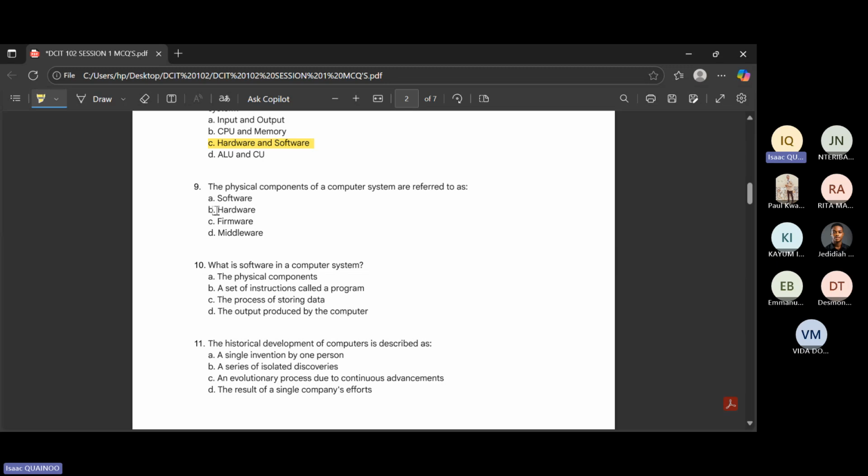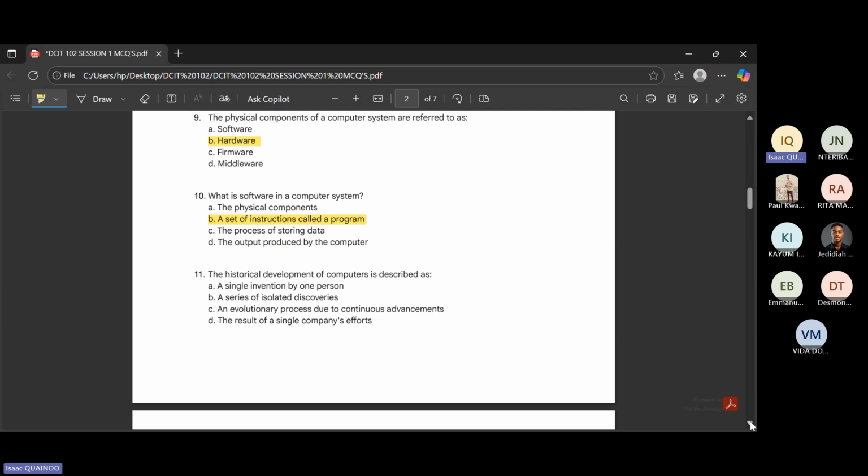The physical components, a set of instructions called a program, the process of storing data, or the output produced by the computer. So for question 10, what are we settling on? So software, B. Okay, so software is a set of instructions that determines the operations of the hardware.